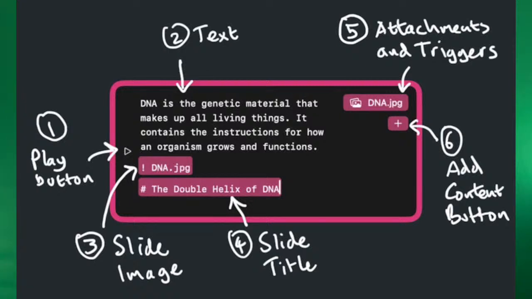And then up in the top right here, this is where all the attachments and triggers live. I kind of, at some point I'm going to make this clickable, it's weird that this is in 2 places. I still haven't quite figured out how to make that clickable in the way that I want without messing up the text editing.